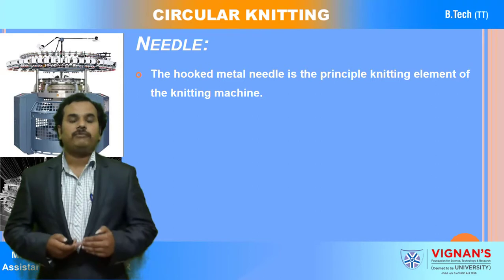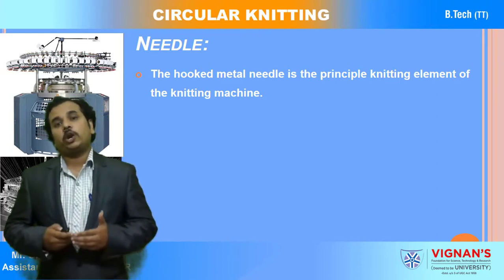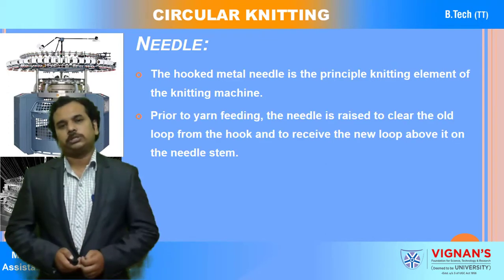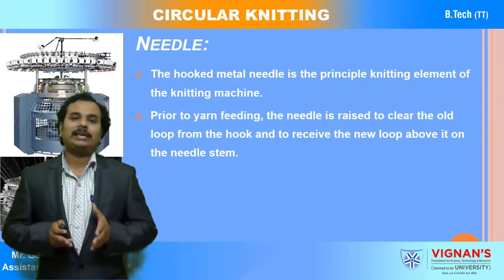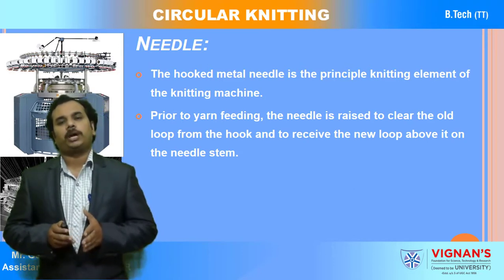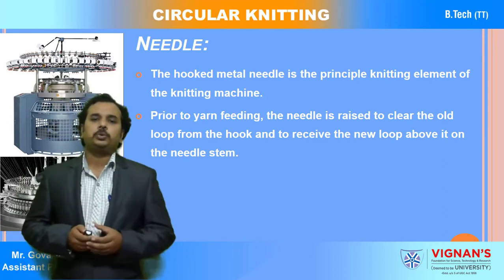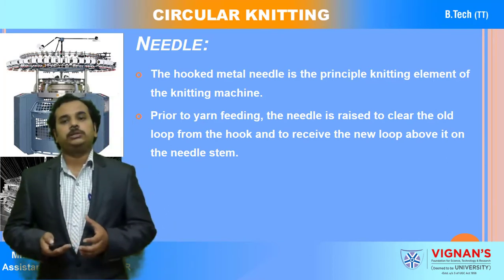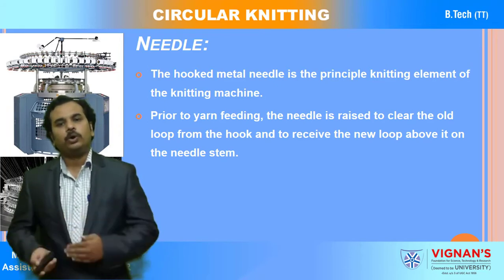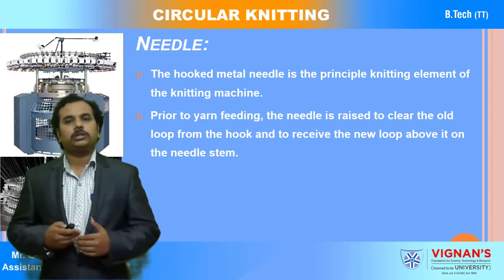Without the needle we cannot make the loop in the knitting process or manufacture the fabric, so it is a key element. Prior to yarn feeding, the needle is raised to clear the old loop from the hook and to receive the new loop above it on the needle stem.